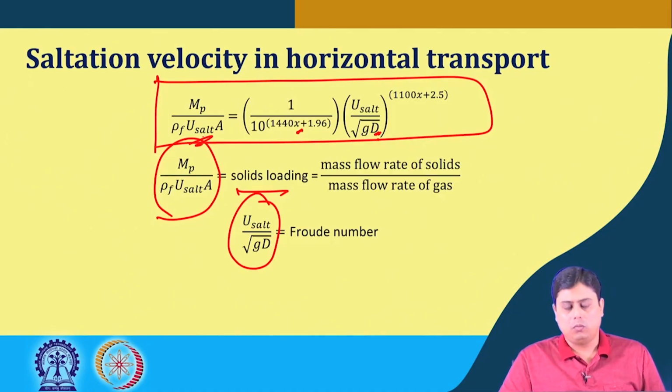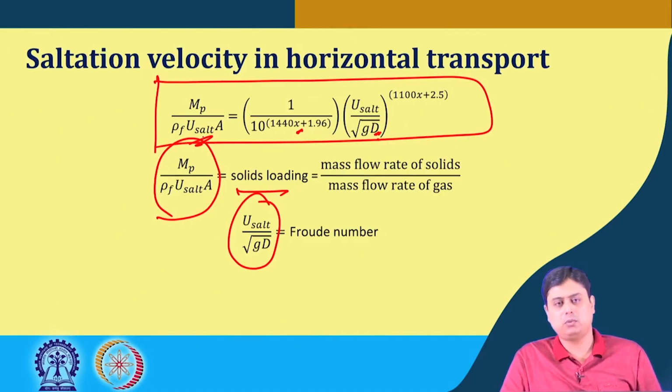So, what we have seen today is the introduction to pneumatic conveying, two different zones or two different extremes of this transport condition, that is the dilute phase transport and the dense phase transport. What are the characteristics of these two?